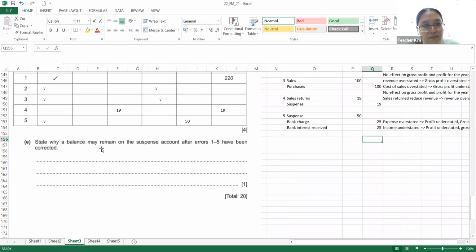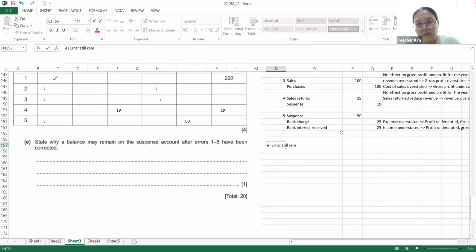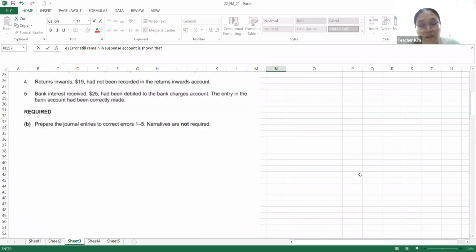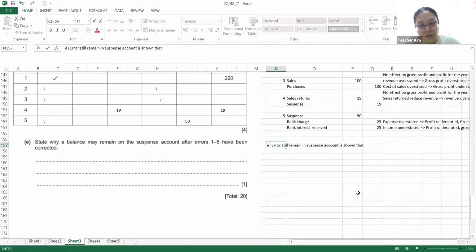State why a balance may remain on the suspense account after error. If we have the error still remaining in the suspense account, it shows that Rachel still has not found all the errors.